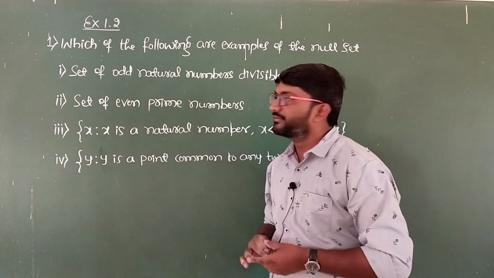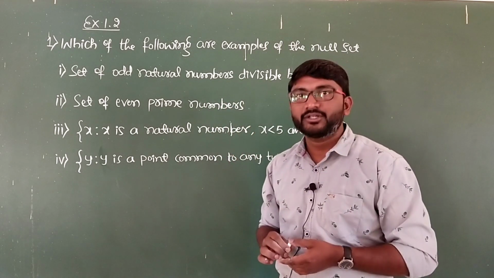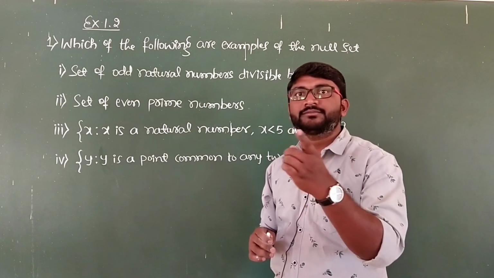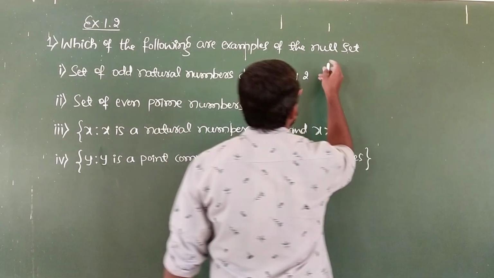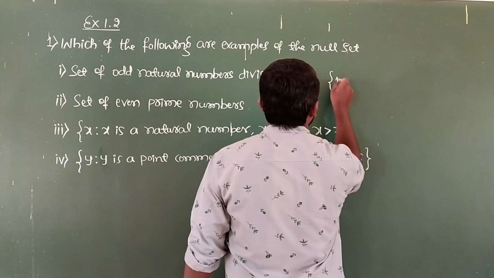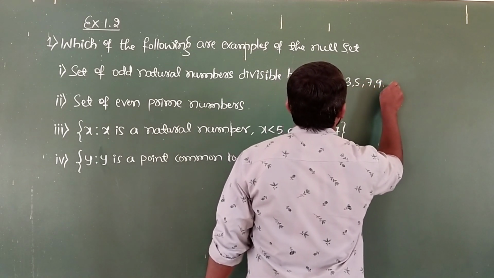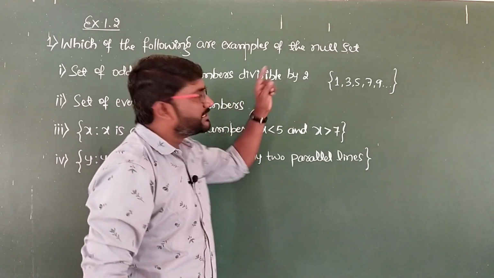Take up Roman number 1: set of odd natural numbers divisible by 2. Odd natural numbers means it starts from 1, 3, 5, 7, 9 and so on. If you write the elements you get 1, 3, 5, 7, 9 and so on, and he says the numbers divisible by 2.